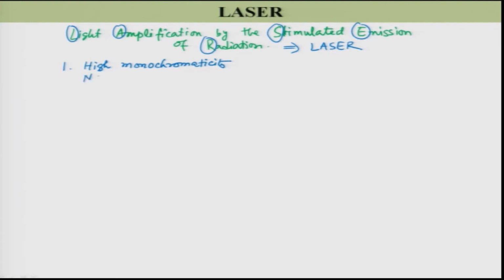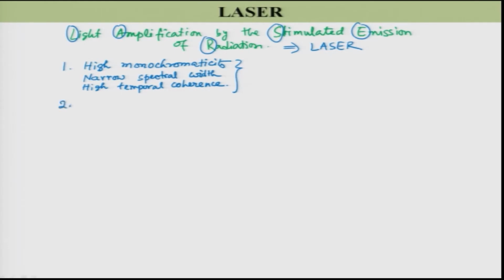I can also write that same property as narrow spectral width, that is the same thing, right. I can also write the same property as high temporal coherence, right. These are all the same thing. It tells me that lasers are monochromatic, right.